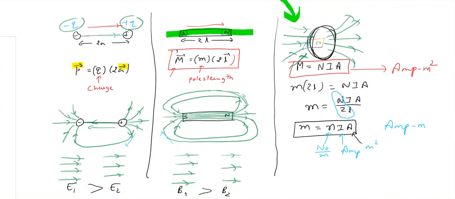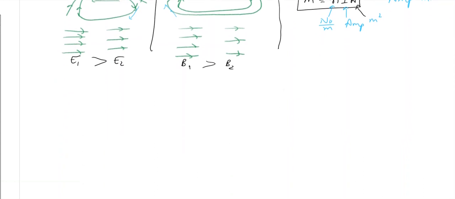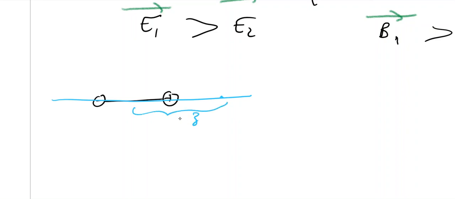And then the way we have electric field of electric dipole, we have magnetic field of magnetic dipole. How do we explain electric field on axis of dipole? Suppose I have a dipole, say negative charge and positive charge, and I want to find out its electric field at some distance, say z.